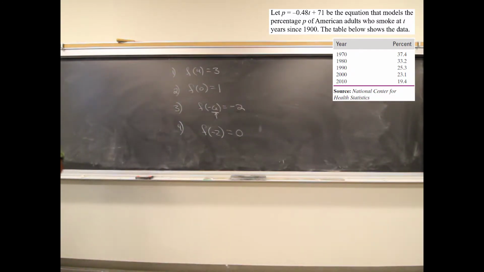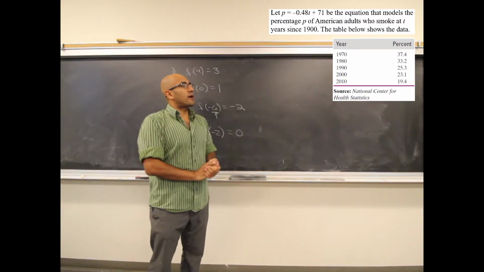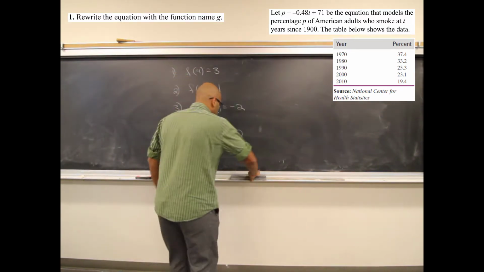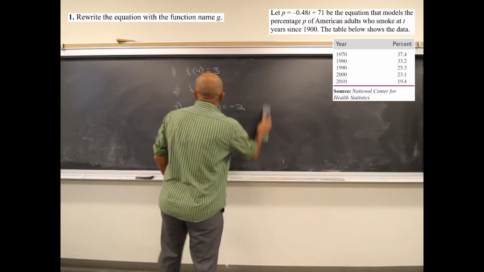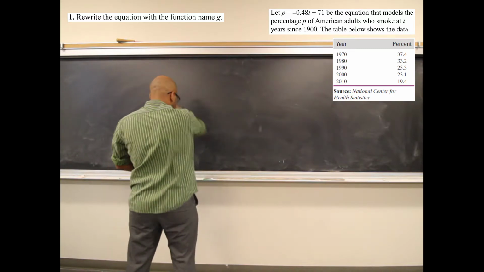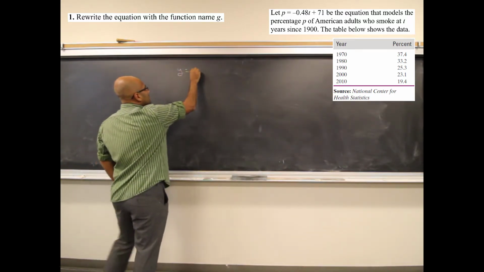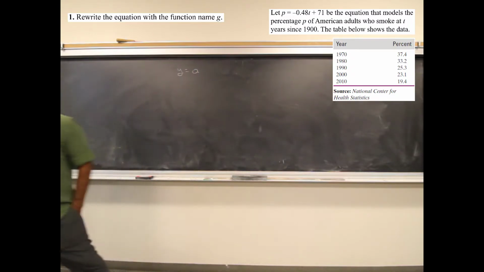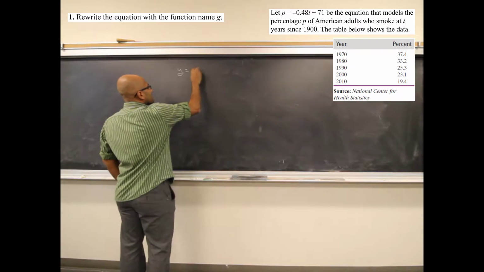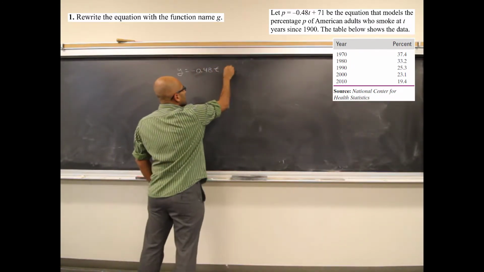For instance, we can follow these instructions: rewrite the equation with the function name g. So all we do is replace y with g, well, in this case the input variable is t. So in the previous one we had p equals negative 0.48 t plus 71.